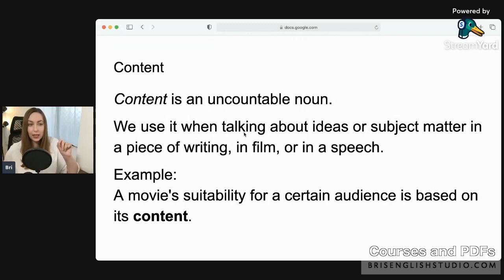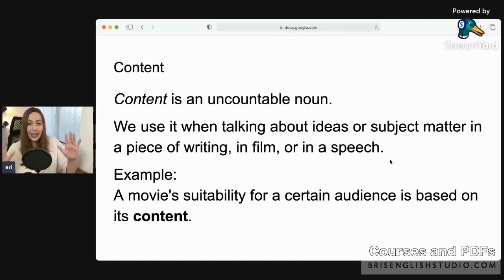We use it when talking about ideas or subject matter in a piece of writing, in film, or in a speech. Okay, it could also be in music too. So we use content as an uncountable noun when we're talking about ideas or subject matter, usually that we can't physically touch.